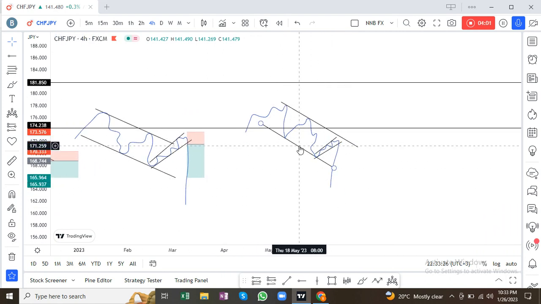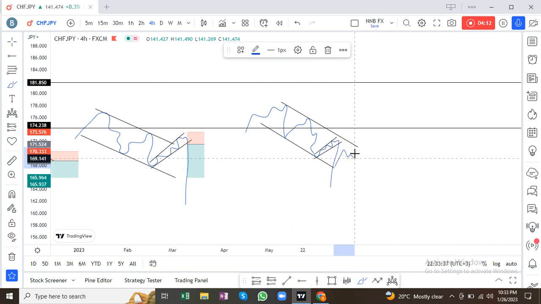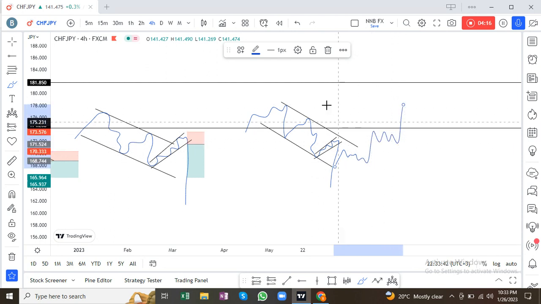It will come down, give you the first touch, second touch, or maybe even the third touch, and then start moving up correctively instead of impulsing up from the trend line and forming smaller corrections. If it does something like this, you will definitely know that the market is changing direction. It has reversed.